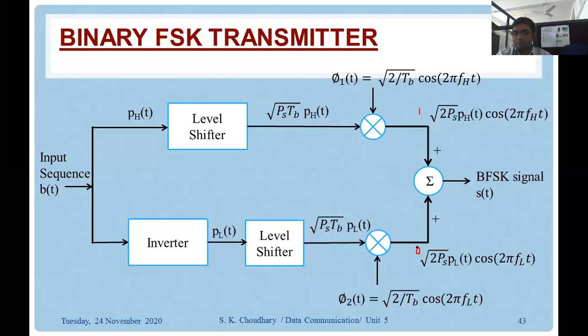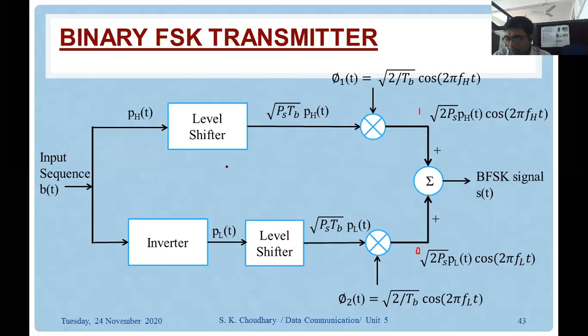At the same time, the output of the level shifter will be square root of PSTB if binary 1 is there. If binary 0, then it is a 0.